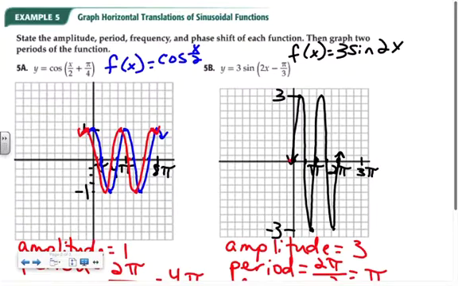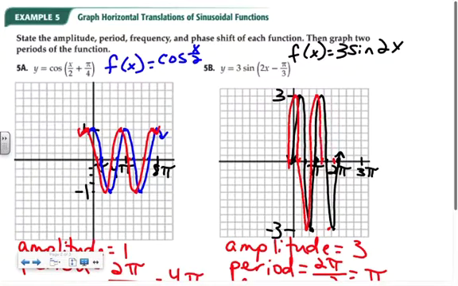This is about half a box to the left. Half. Half. There's our graph when we connect the dots.